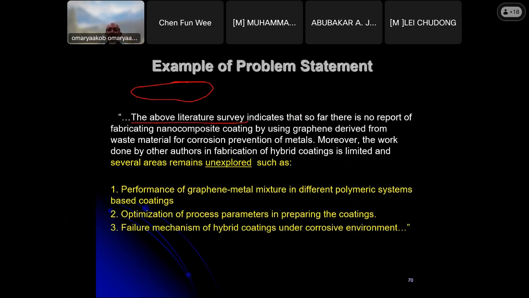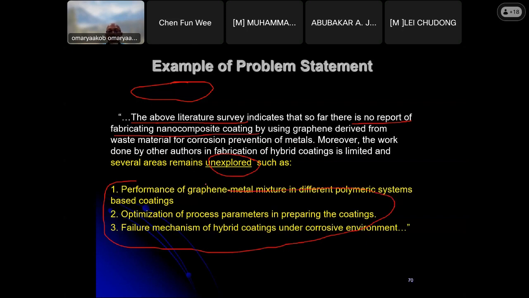But finally, the above literature indicates so far there is no report of fabricating nanocomposite coating using graphene derived from waste material for corrosion prevention. Moreover, the work done by other authors in fabricating coating is limited and several areas are still unexplored. Unexplored means still not touched, not done. Nobody has done it. So these are the areas.